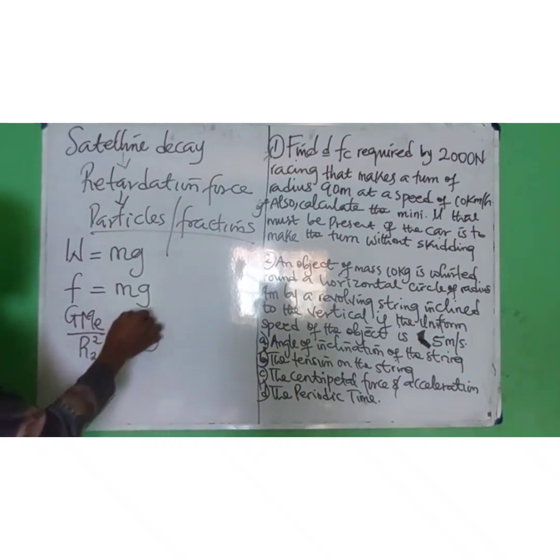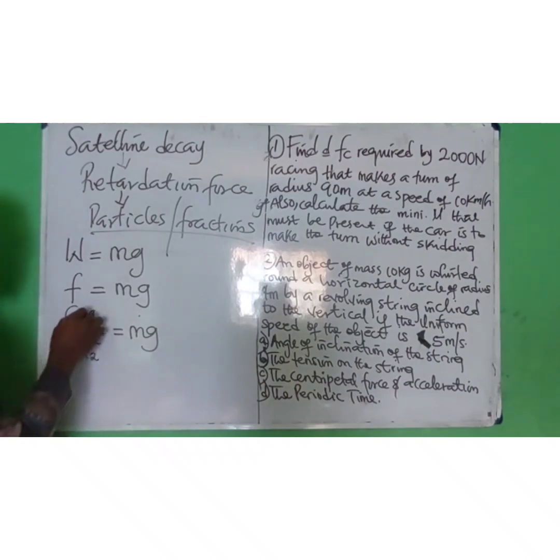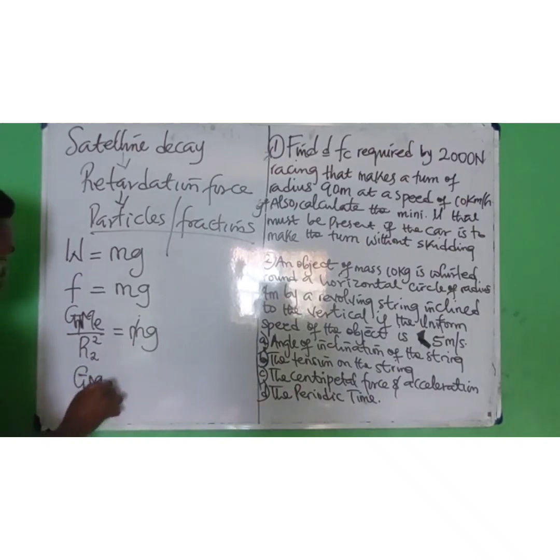It means that the small letter m cancels, and I'll now be having g equals G M e over r squared, that's r e squared.